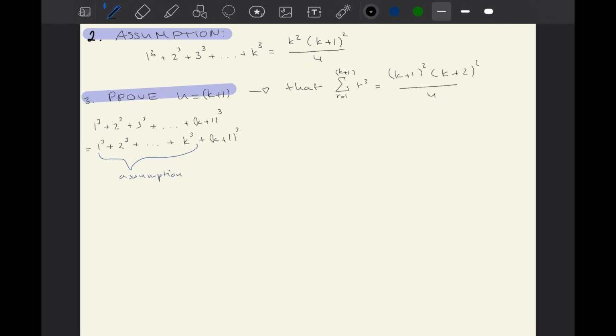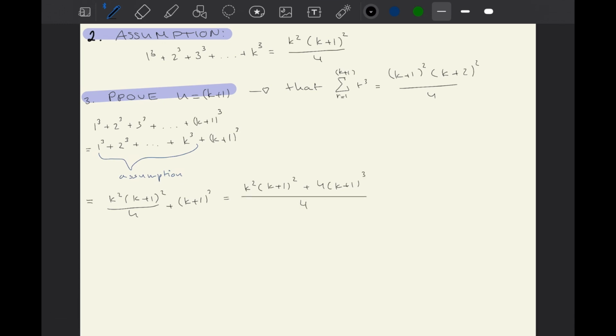So now we can rewrite this as k squared times k plus 1 squared over 4 plus k plus 1 cubed. And then we can further work with this to have k squared times k plus 1 squared plus 4 times k plus 1 cubed over 4.